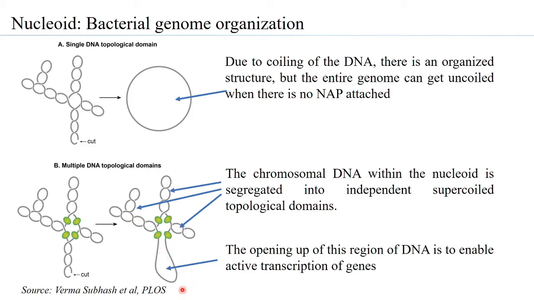So basically what we are trying to understand here is that within the supercoiled DNA, that means within the compact DNA, again there can be several domains. And because there are several domains demarcated from one another, the functionality of this can vary from the functionality of this, and that can vary from the functionality of this and this. So that is something that has been observed in the bacterial genome organization.